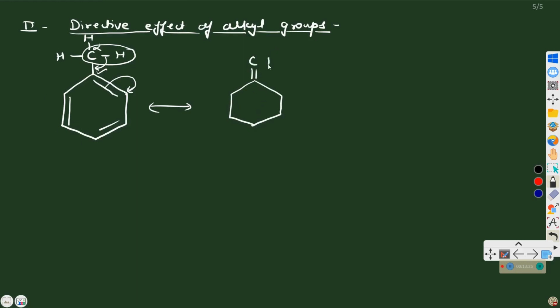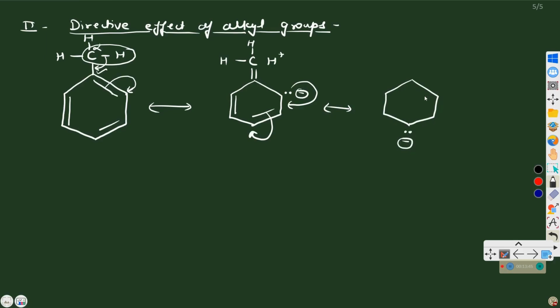So CH2 plus. Again, this hydrogen is not leaving as a hydrogen ion. It remains attracted towards the pi electron cloud. Now this will be shifted here. The common resonating structures we can show in the same way. So now at the para position, you will be getting the electron pair. So the electrophile finds it easier to attack at the ortho and para positions.